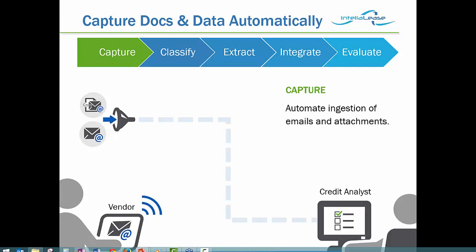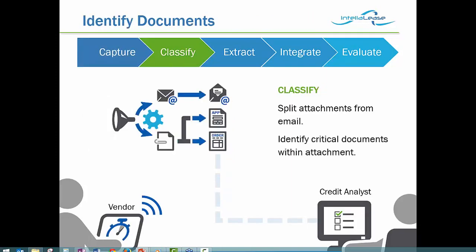And then that next step includes classifying and indexing what the contents of the application and the email are. So in this case, we're going to split the attachments off of the email and identify the critical documents within the attachment.